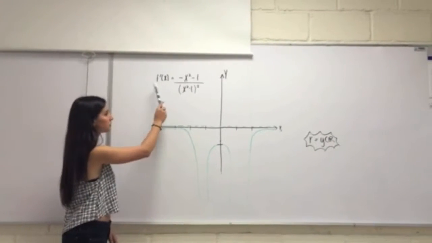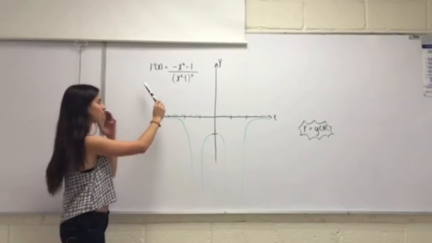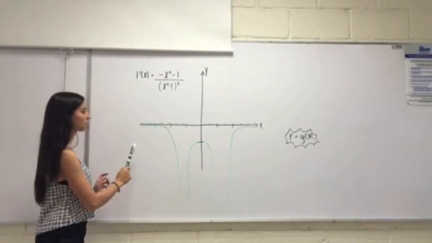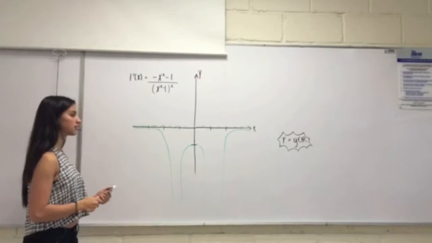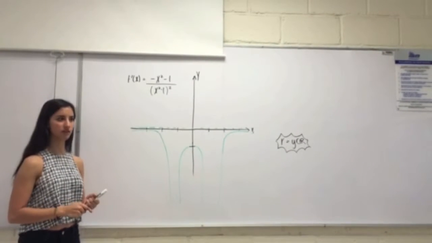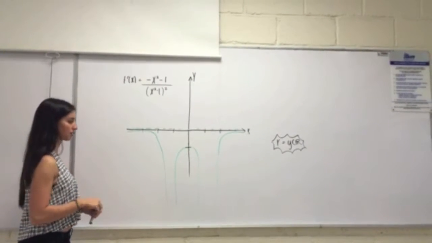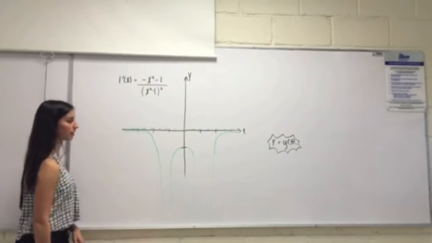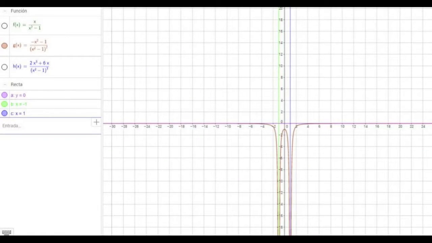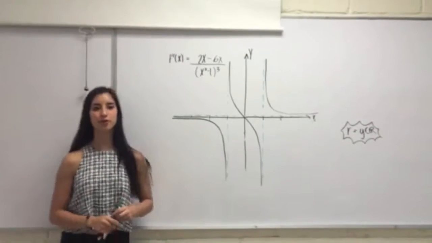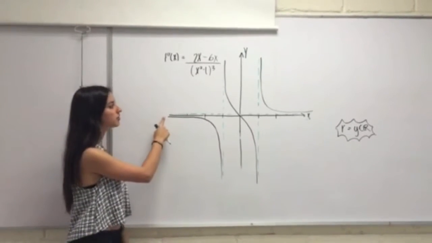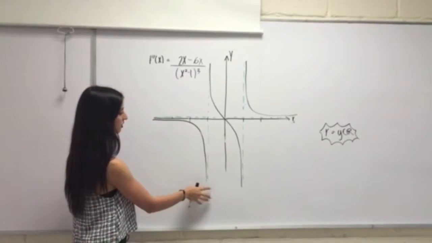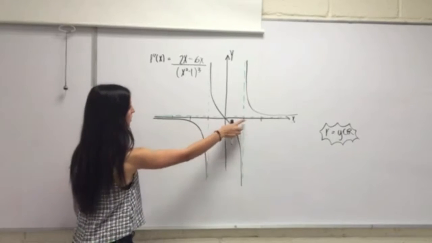For the first derivative of our last function, we have this graph, and the horizontal asymptote is at 0. It has a negative concavity, and this goes downwards to infinity. This is our graph for the second derivative, and there's a horizontal asymptote at 0, and two vertical asymptotes at minus 1 and 1.